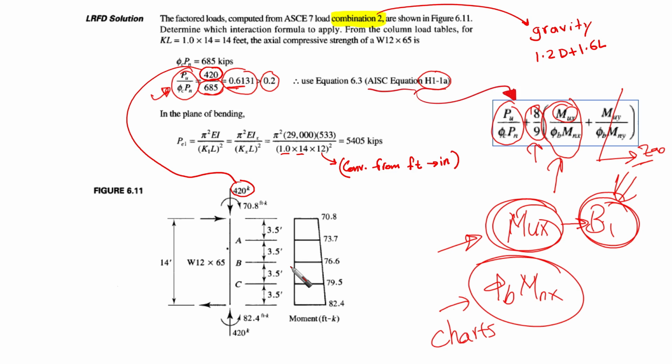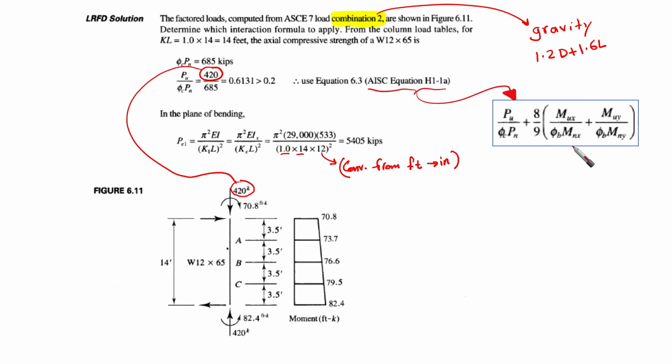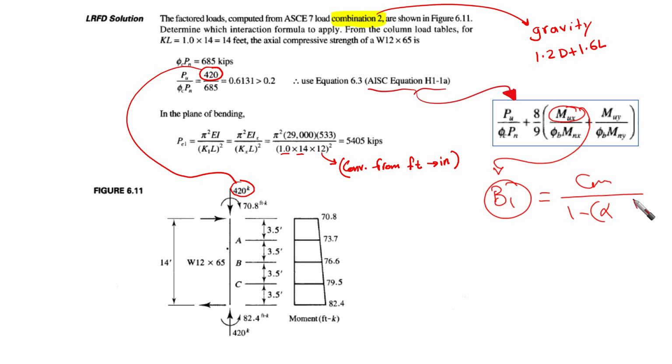Now, if you remember, for this Mu, as I said, we need to obtain B1. B1 equals Cm over 1 minus alpha times Pr over Pe1. Do you remember in the denominator there is Pr and Pe1?